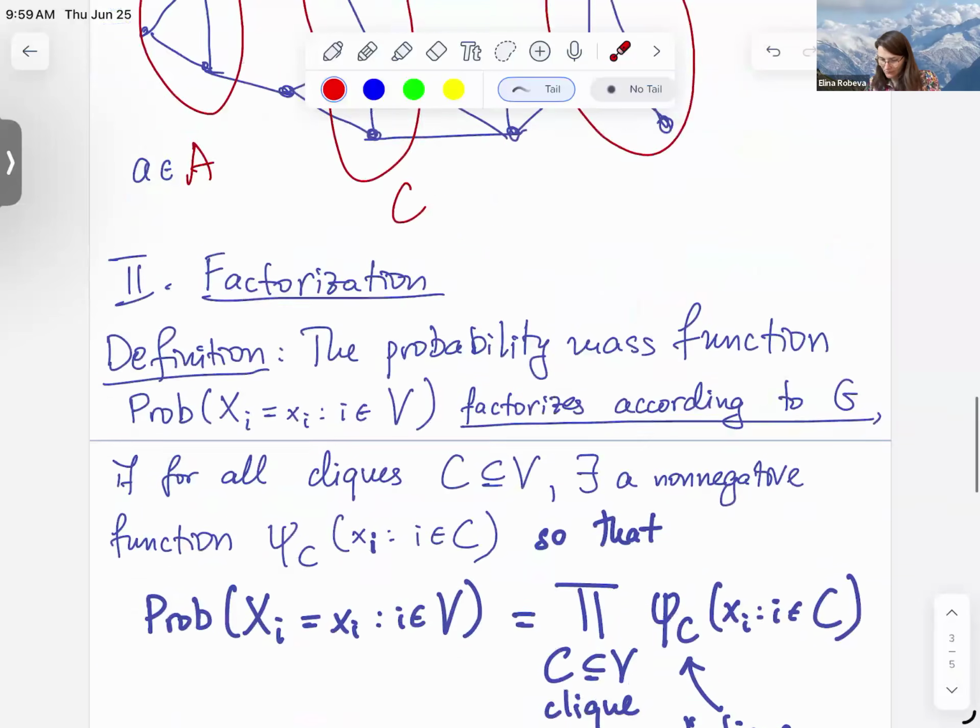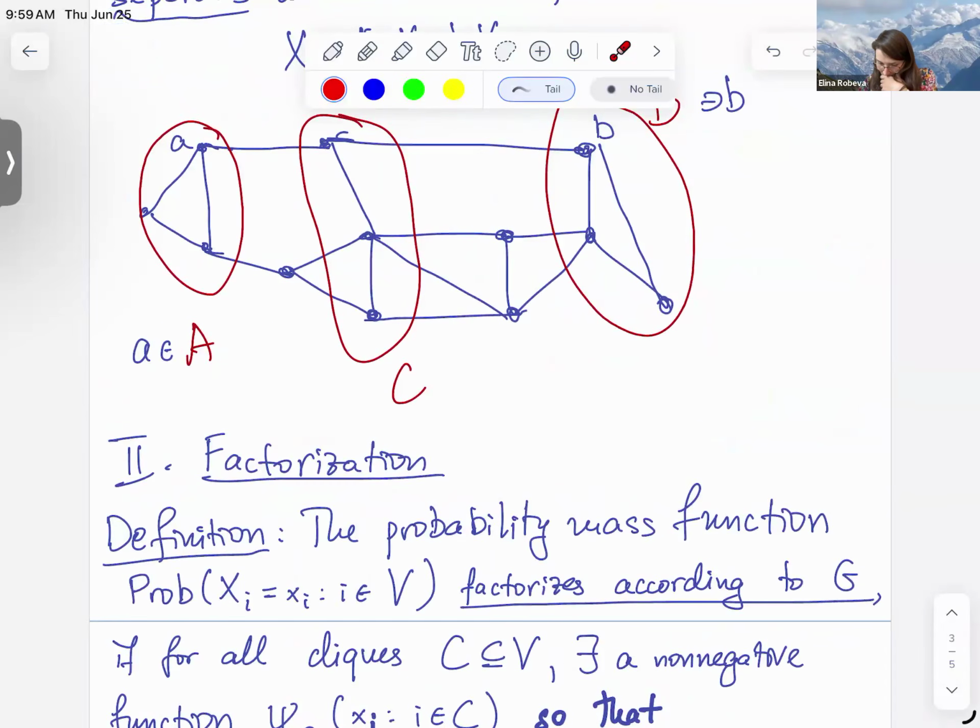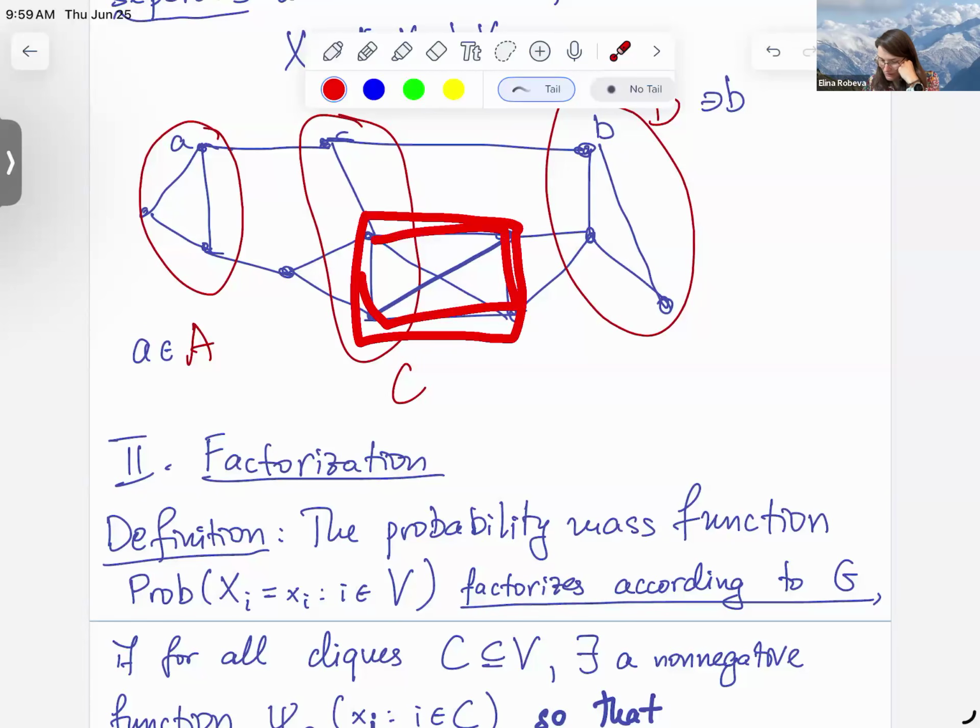I don't know if I have an example here. Okay, let's say this was an edge here, then this here would be a maximal clique, these four vertices. But any subset of it, like this one, is also a clique, but it's not maximal because you can add another vertex and it's still fully connected, still a clique.